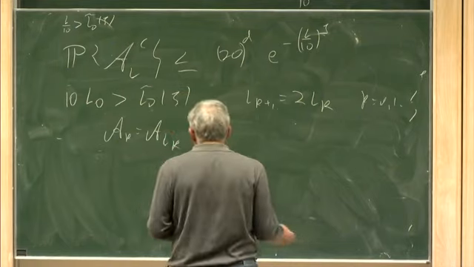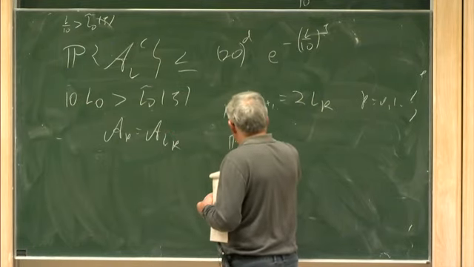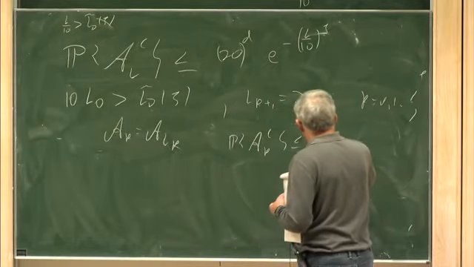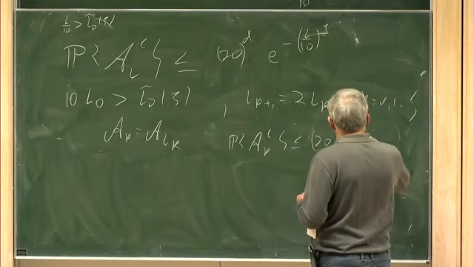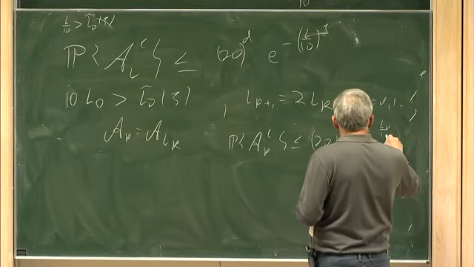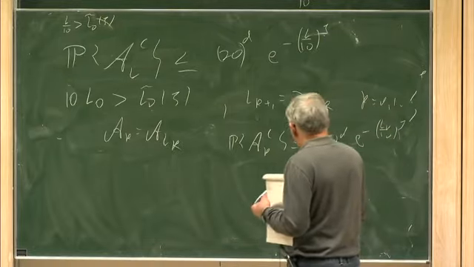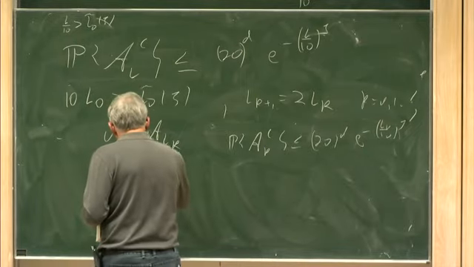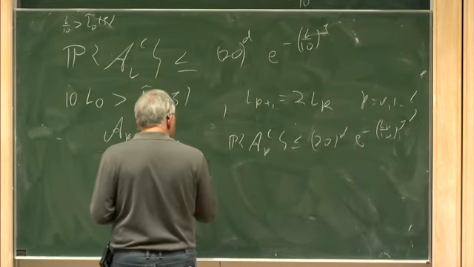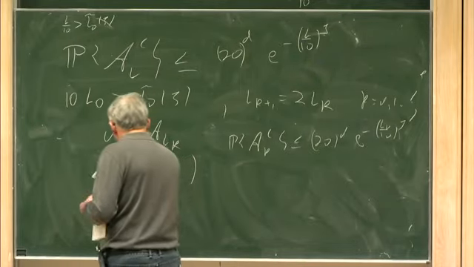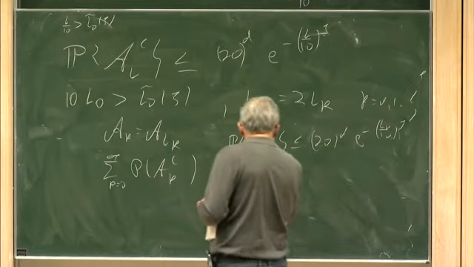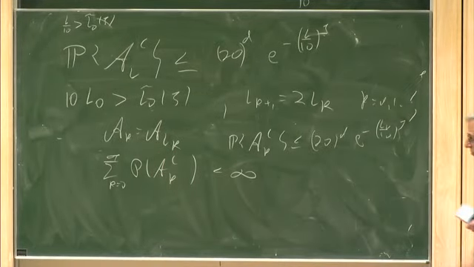And I know that the probability of the complementary event to A_k is less than or equal to, clearly, the summation of the probability of these complementary events is finite. They converge very fast.